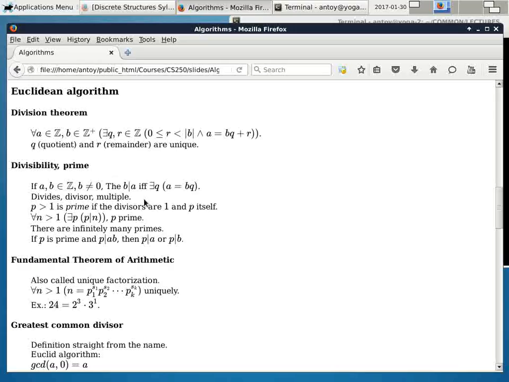It says if I have A and B integers and B is not 0, we say that B divides A if and only if there exists a Q such that A equals B times Q. We can read that as B divides A, or B is a factor of A. All right?